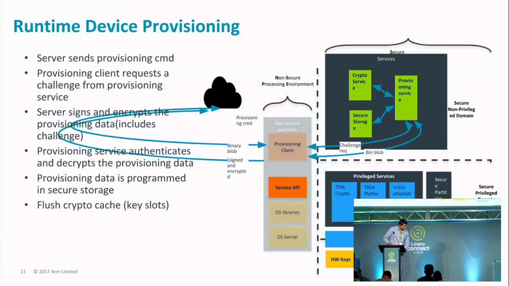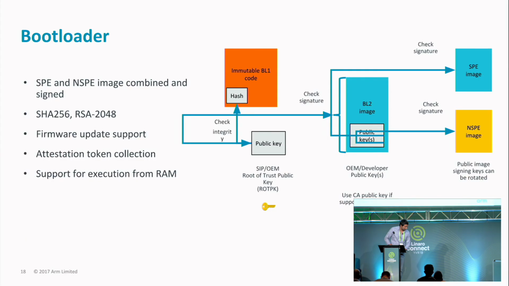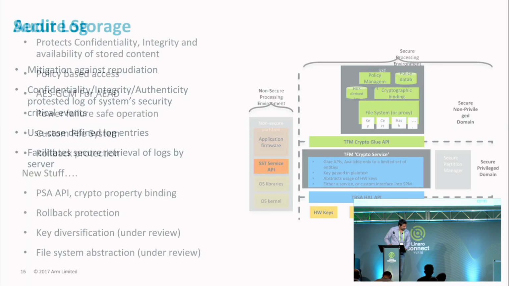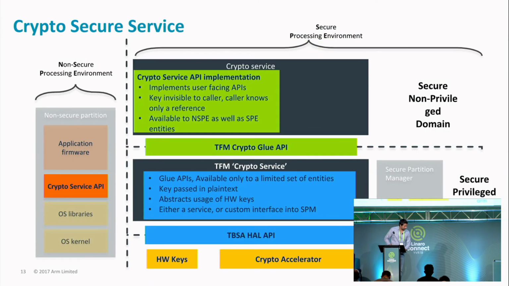Let me try to get back to the slide. Right, so I guess you're talking about the TFM Crypto Glue API. This is again on top of the IPC. So if you're following the IPC model of communication, this will have IPC underneath, and then there'll be C libraries built on top of the IPC.